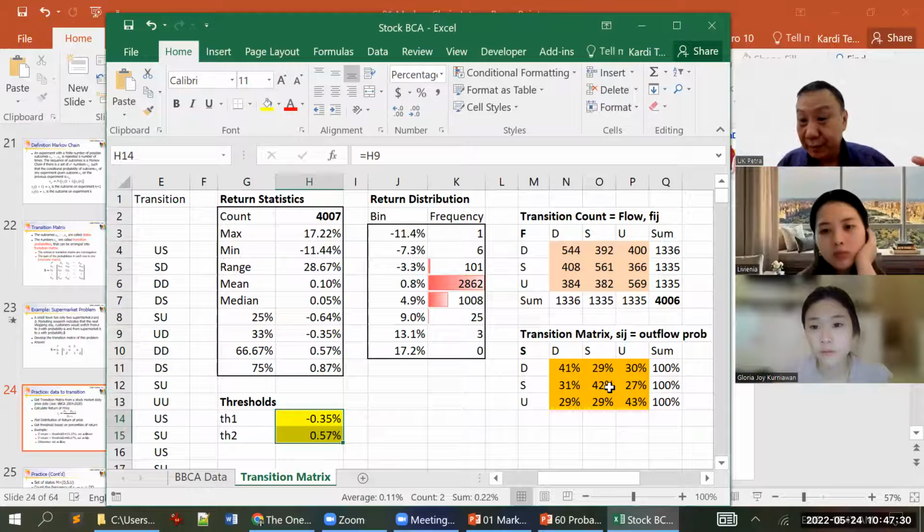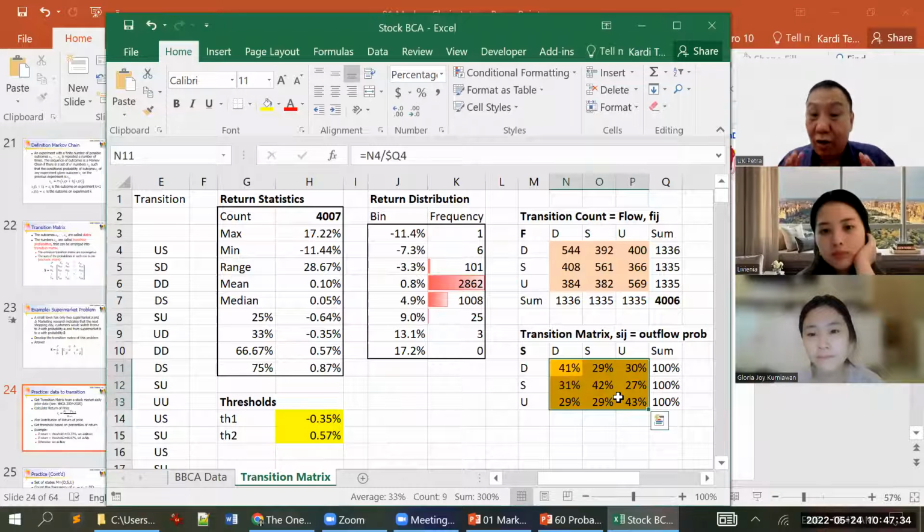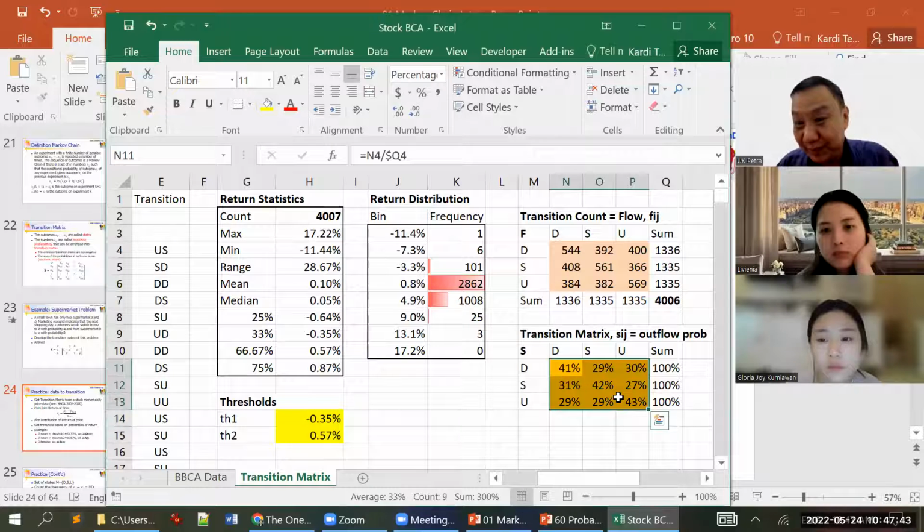So if you can create the correct transition matrix, you will probably have a very close prediction to the real world. This is the nice thing about this. Do I answer your question?